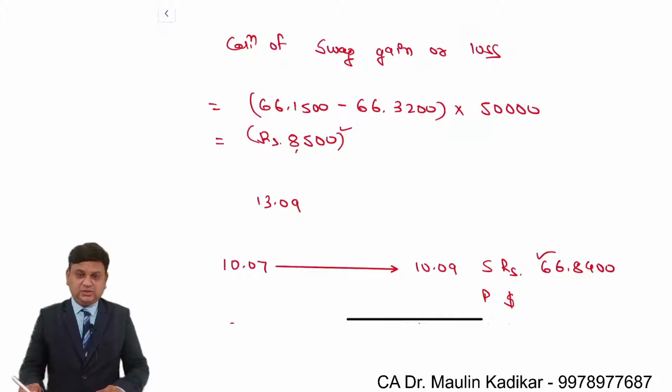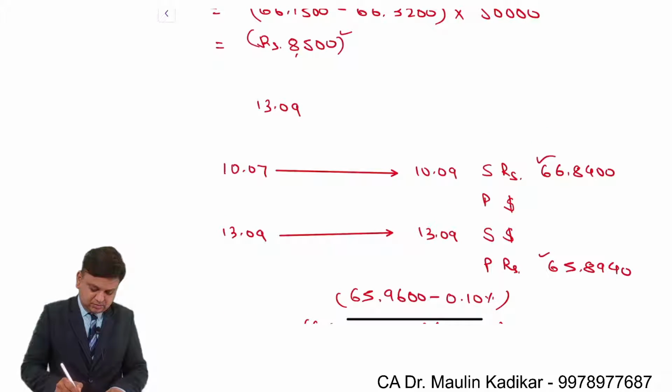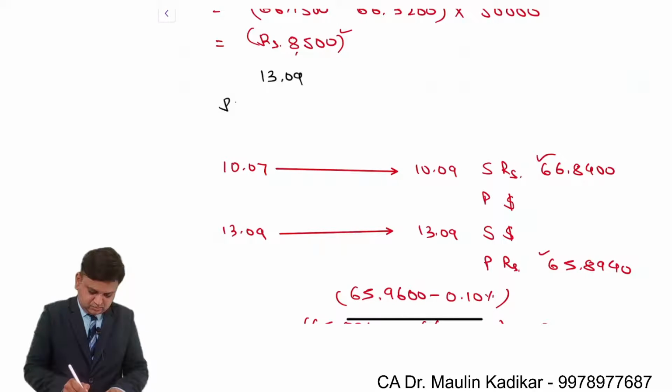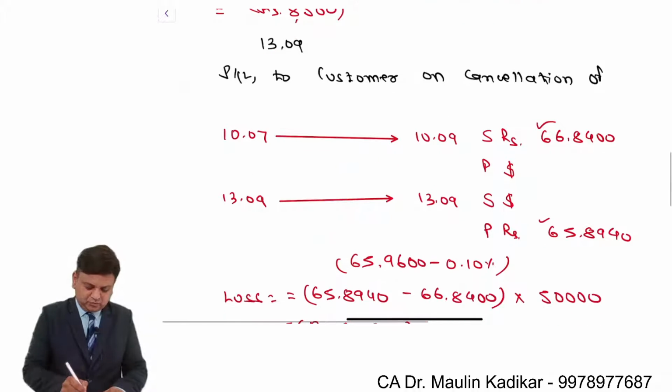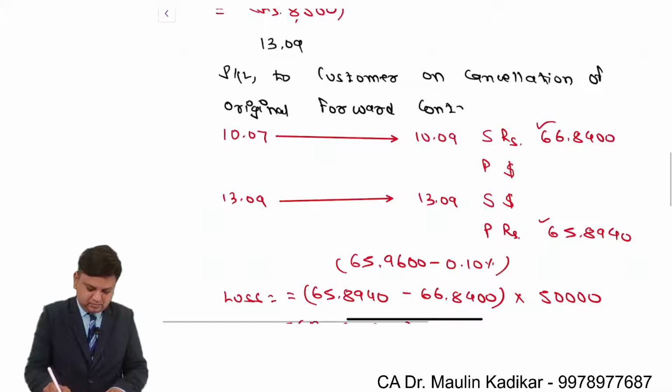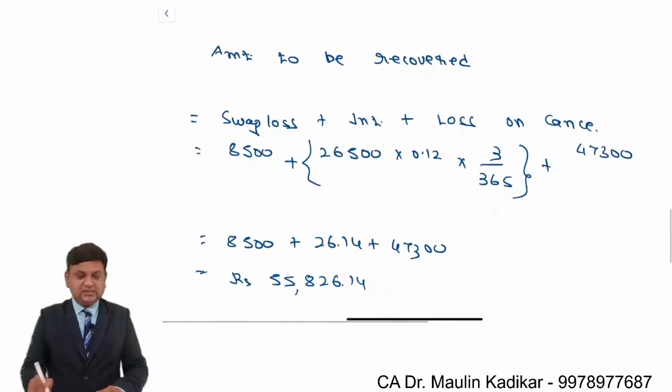This is the swap gain or loss, and this is the profit or loss to customer on cancellation of original forward contract. This is the profit or loss on cancellation of original forward contract, and this is the final amount to be recovered.